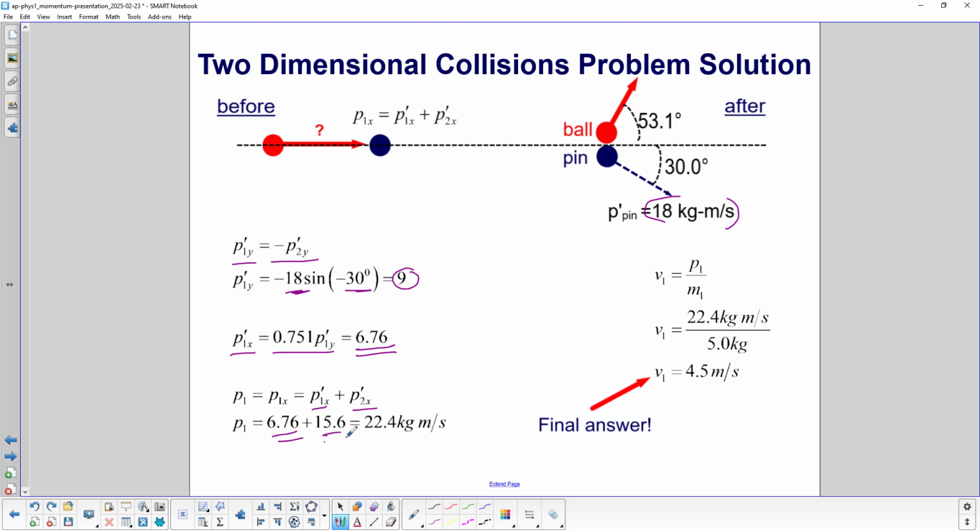Substitute in the two numbers. 6.76 comes from here, and 15.6 is from the previous slide. And we get 22.4 kilogram meters per second. Then, to find the velocity of 1, it's P1 divided by mass 1, 22.4 over 5, and our final answer is V1, the initial velocity of the ball, is 4.5 meters per second.